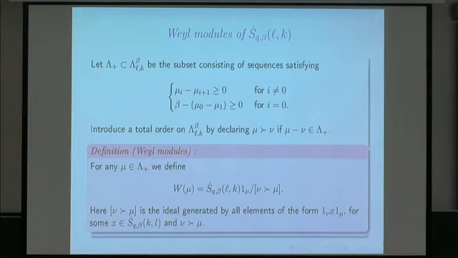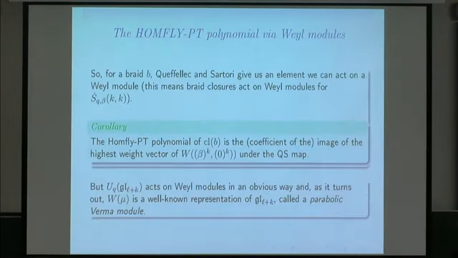This is what this means, the ideal generated by all these elements. Okay, so it has a highest weight category, and Oelis and Antonio give us an element we can act on a Weyl module, the one corresponding to this highest weight here.